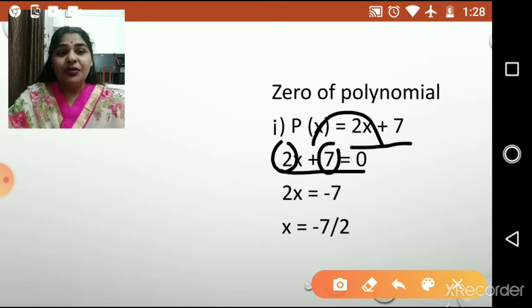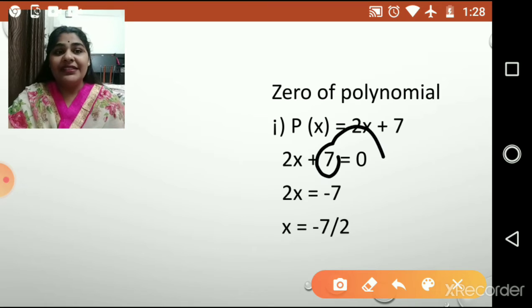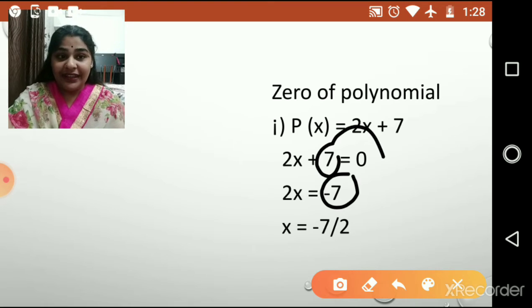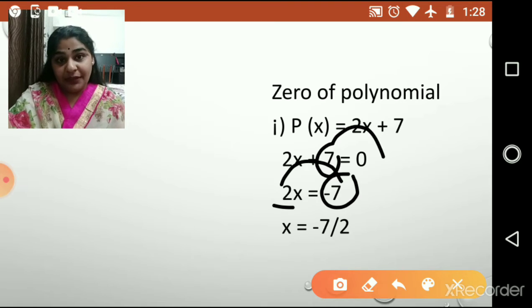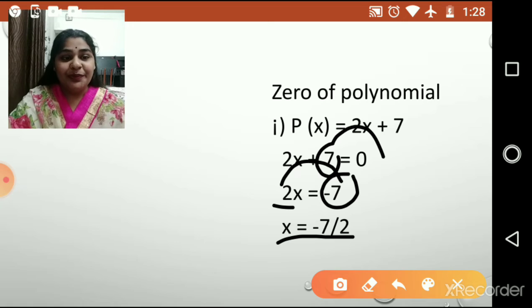So here 7 to the other side will become negative 7, right? And then only 2 is remaining. I transpose this 2, it is in multiplication form with x. When I transpose, it comes in the division. So x is equal to minus 7 upon 2.